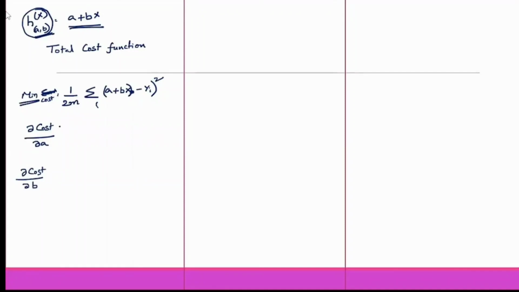So it is 1 by 2m times 2 sigma a plus bxi minus yi, and with respect to a, the derivative is constant. Whereas for this one, it is 1 by 2m times 2 sigma a plus bxi minus yi times xi.